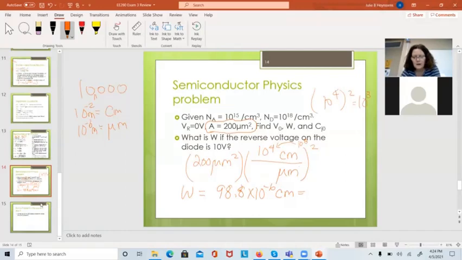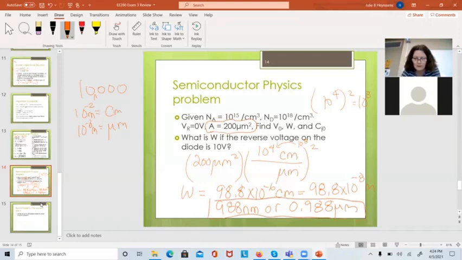Into meters, it would be 10 to the minus 8 meters, because it's off meters by 2. And then we could say that's 988 nanometers, or it's the same thing as 0.988 micrometers. Either one of those is right.